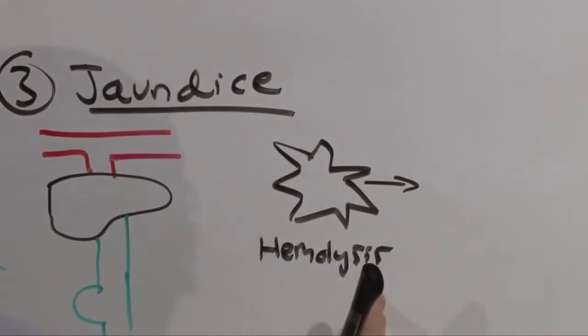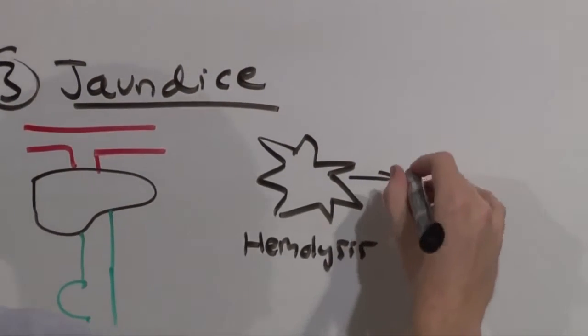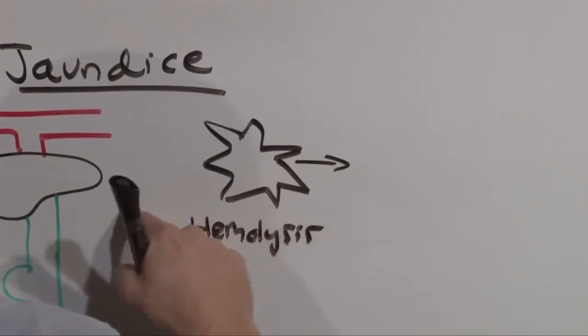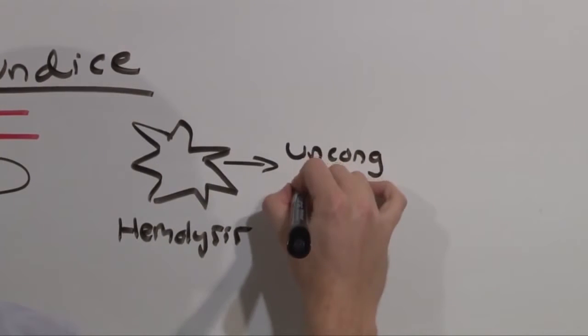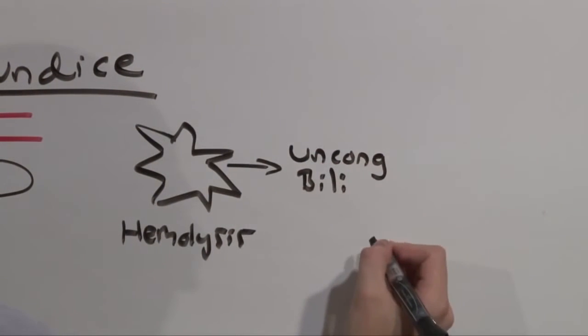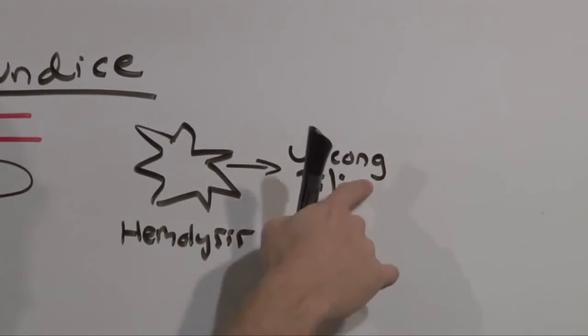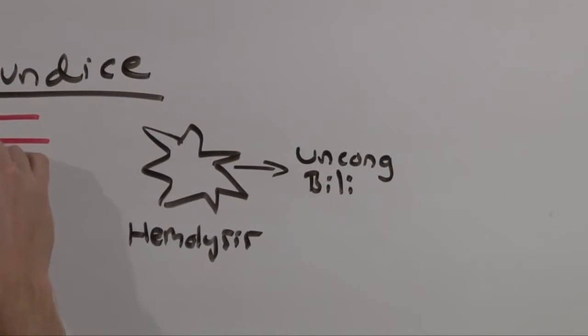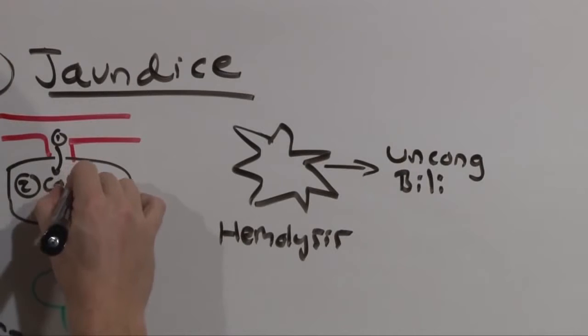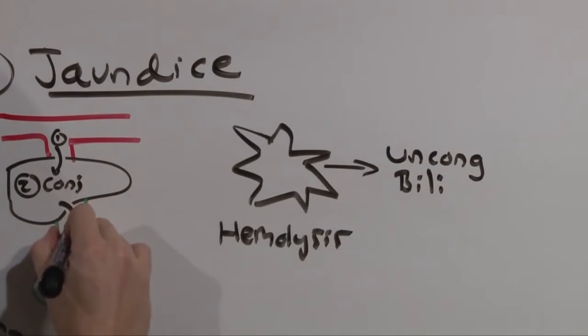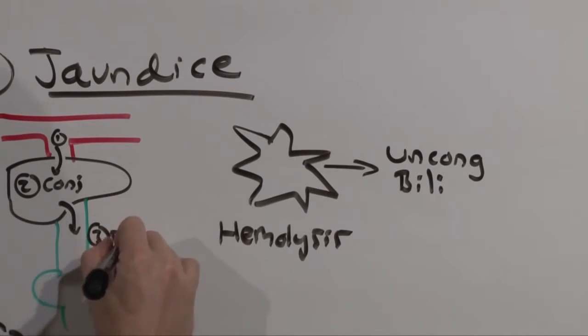That hemolysis releases hemoglobin and is carried to the liver in the form of unconjugated bili. Unconjugated bilirubin then gets into the liver in one first step, gets conjugated within the liver, and then gets excreted into the biliary tree.